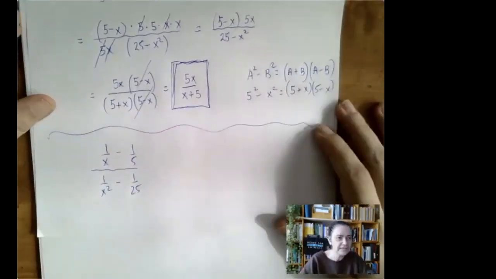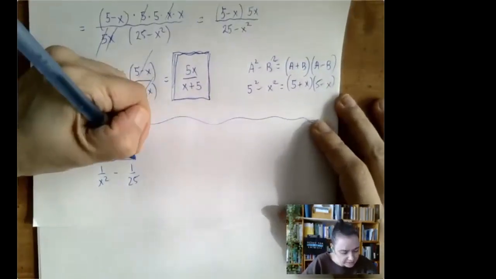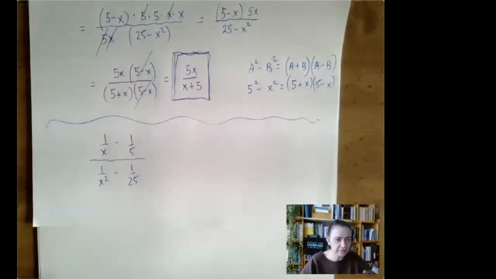Okay, so here is our expression that we want to simplify. And first, we want to get rid of the fact that it's a complex fraction. One fundamental property of fractions is that we can always multiply both numerator and denominator by the same non-zero number without changing the value of the fraction.